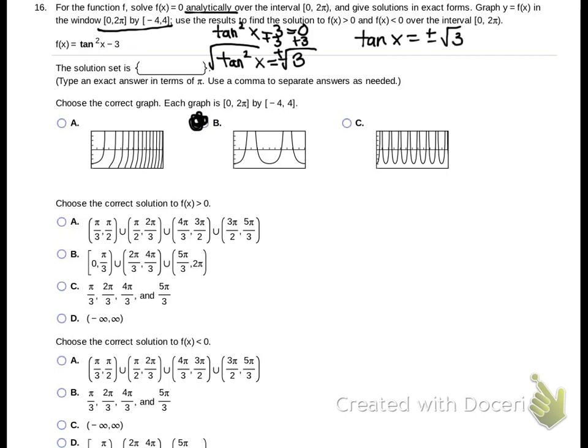So what I want to do is focus in the first quadrant. What value would give me this? And when I look at pi over 3, I see that the point at pi over 3 is this. And I'm going to do sine over cosine. I know it can't be the 45s because those are identical values, radical 2 over 2, radical 2 over 2. That would make a 1.